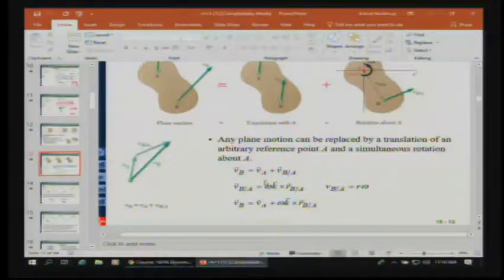So the velocity of B, just like we said, is equal to the velocity of A, which we're going to consider a pure translation in this case, plus the velocity of B with respect to A. So the velocity of A is just that, but the velocity of B with respect to A is going to be omega crossed with r, where r is the vector from A to B. So it's from the point that we're getting the absolute velocity of to the point that we're taking the rotation about.